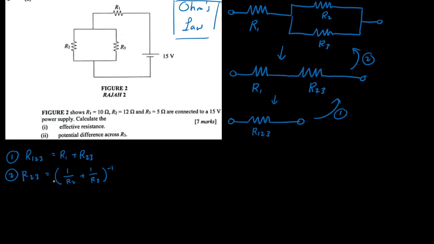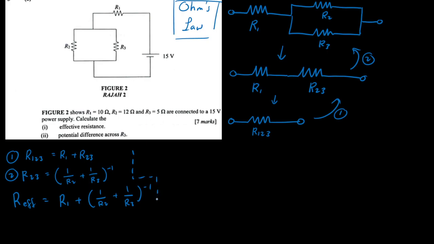Once I have these two, I can substitute equation 1 into equation 2, right, to get R effective, which is simply R123, is equal to R1 plus 1 over R2 plus 1 over R3, and then the inverse of that.